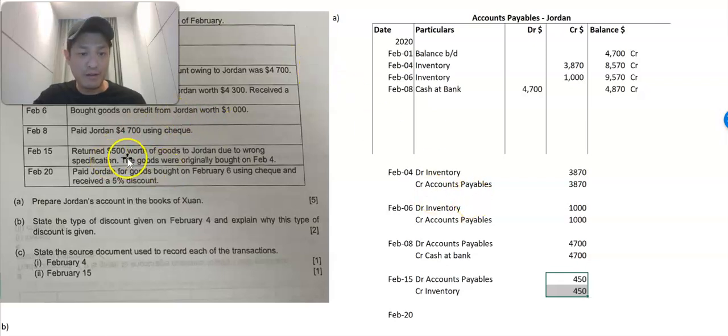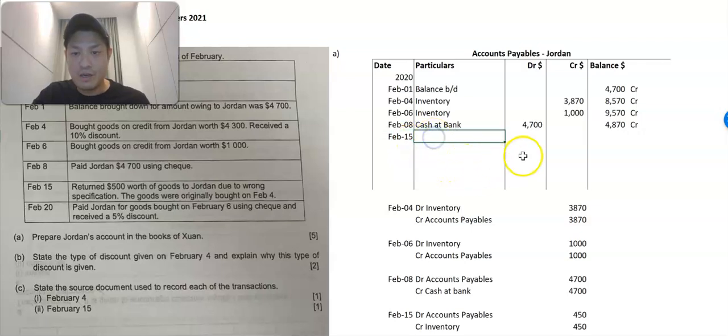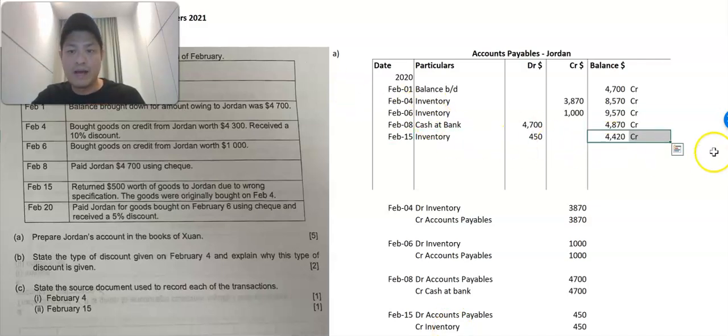Remember to apply the 10% discount that you had on February 4th. So I'm going to put this here, February 15th. It's a debit to accounts payable, so I'm going to put 450 here. And what do I put in the particulars? The other side of the double entry. In this case, it is inventory, and this will be the balance.